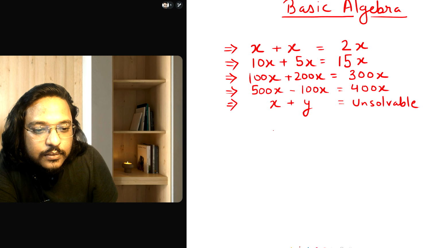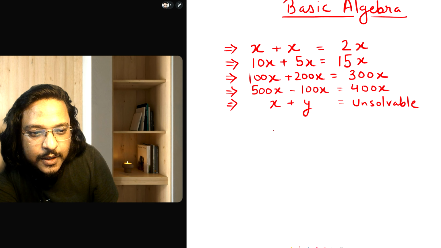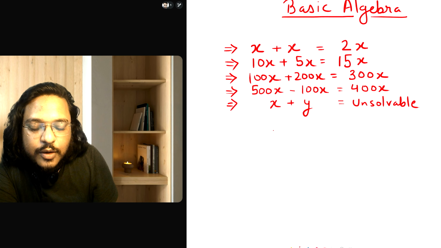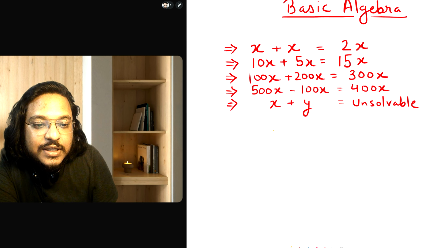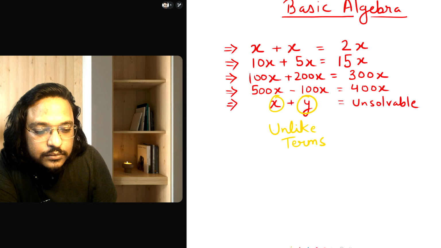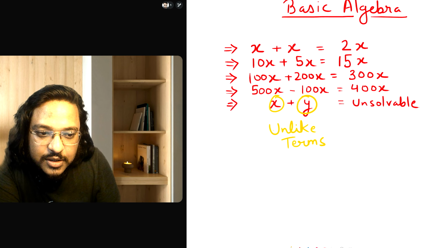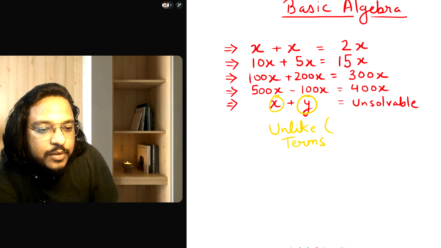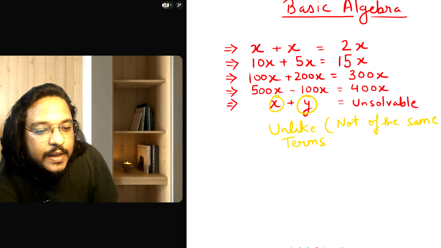Unsolvable. You know why? The reason is because x and y are from different categories. They are unlike terms. What are unlike terms? Unlike terms are the terms which are not of the same category.